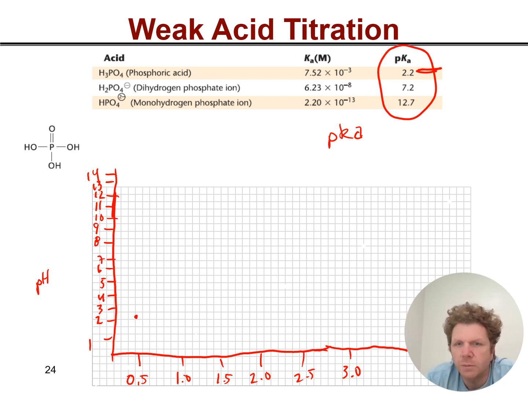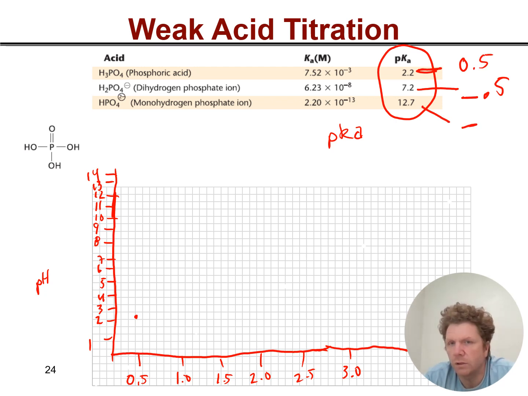Then I'm going to get my next pKa value, which is 7.2. For that 7.2, I'm going to look for my next 0.5. So the first one is 0.5, the next one is blank 0.5, and after that, the 12.7 is going to be blank 0.5. Well, what number comes after 0? 1. Yep, it's 1. So 1.5 is going to be my 7.2.